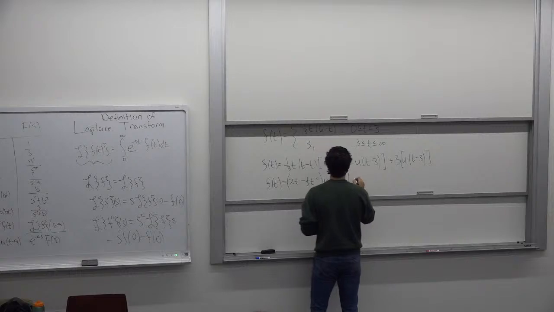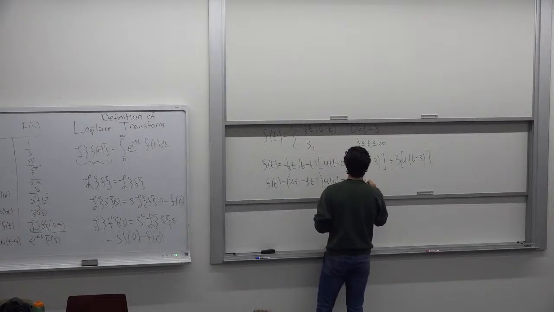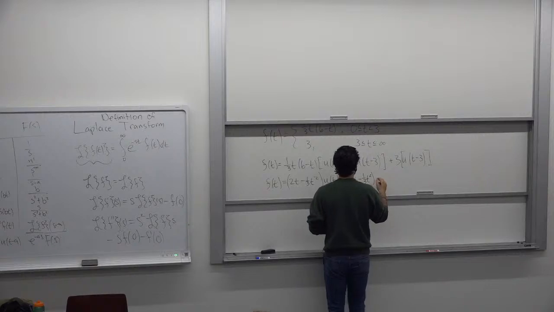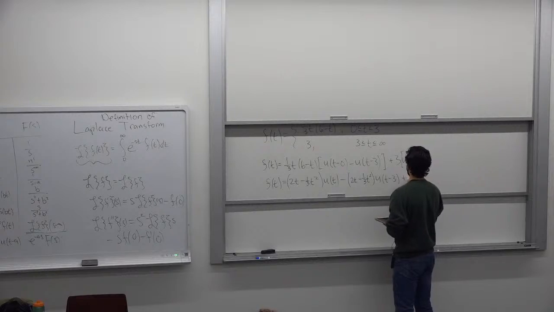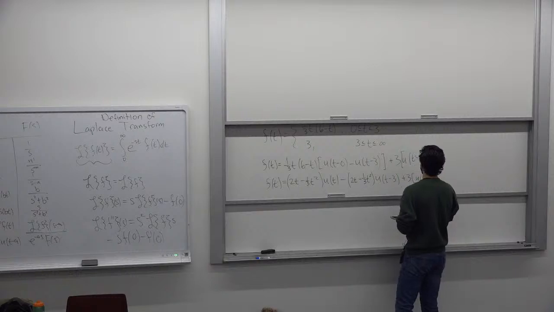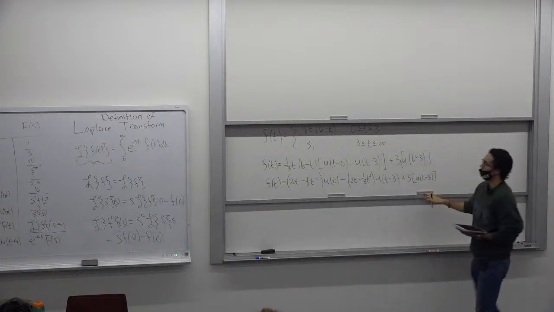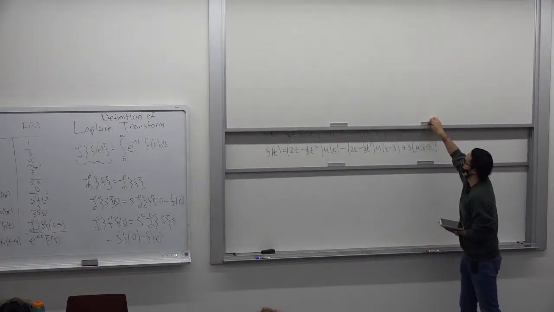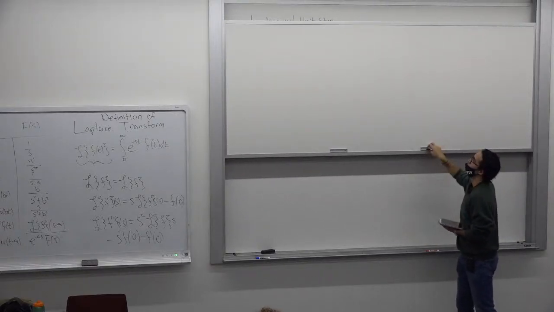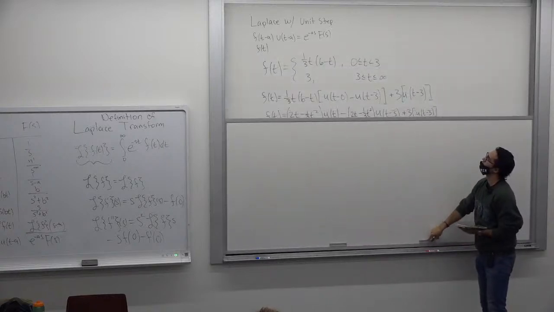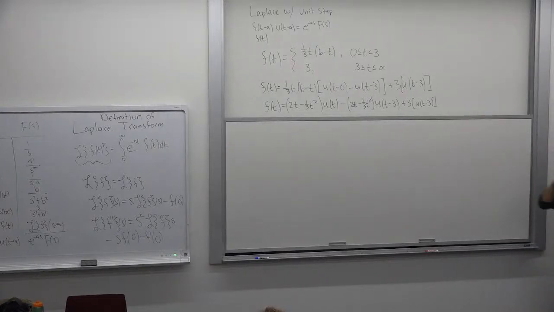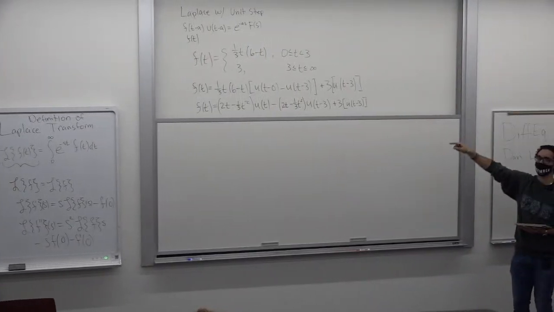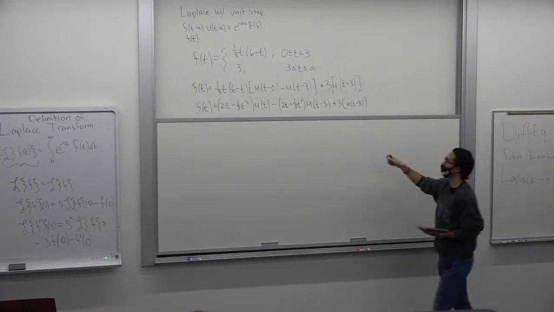So minus (2t minus 1/3 t squared) times u(t minus 3), and then just plus 3 u(t minus 3). All right. Does anyone have questions on how I got from step 1 to step 2? All right, so we're going to keep going.